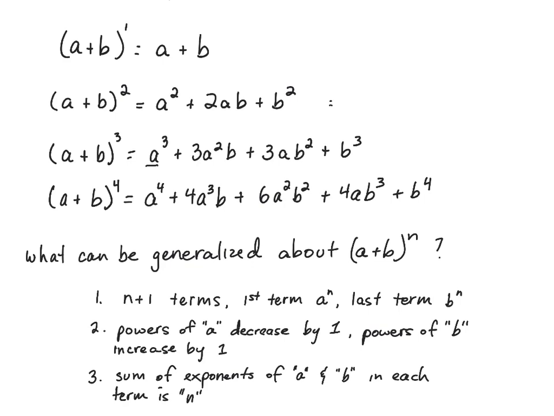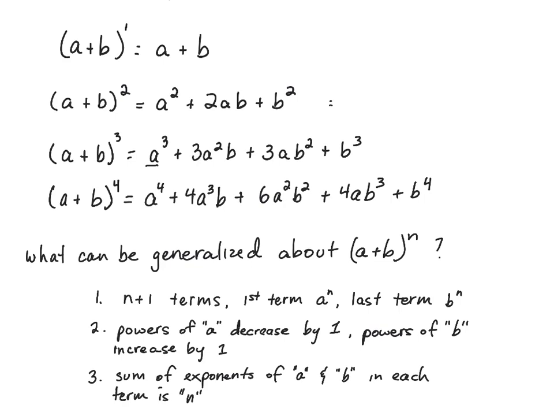If we sum the exponents, 3 plus 1, it's a total of 4, which is the value of n. And that would be true of any term. If we look over here to this term, we have a squared times b squared. The sum of those two exponents is 4. Or here with this term, we have a to the first power times b to the third power. The sum of those would be 4.